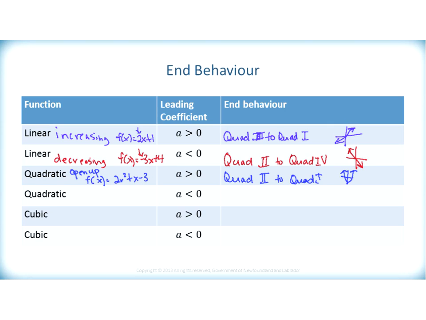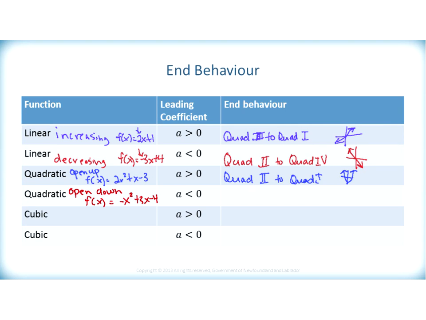If a is less than 0, if the leading coefficient is less than 0, meaning there's a negative leading coefficient, then the quadratic function would open downward. A function would look something like -x squared plus 3x subtract 4.